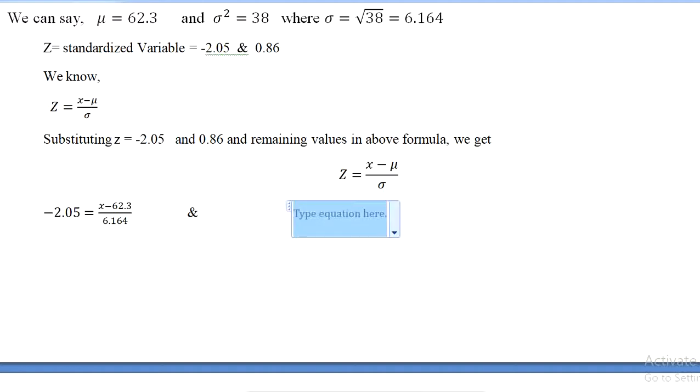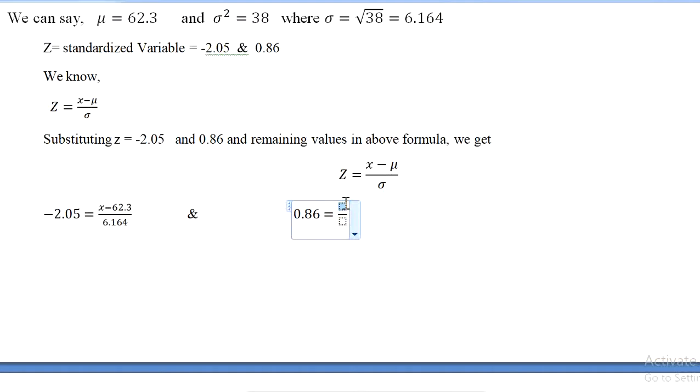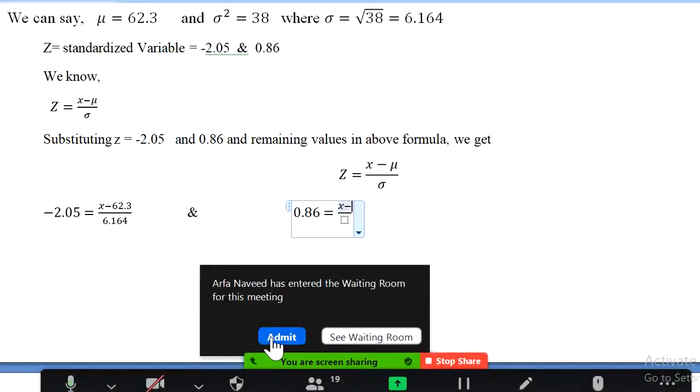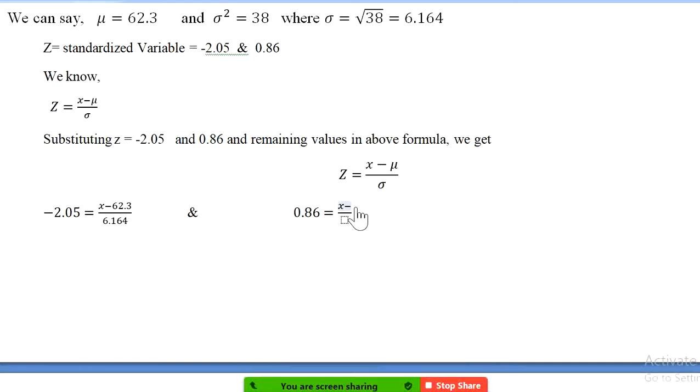For the second value of z, this is 0.86 is equal to x minus mu, where mu is 62.3 and sigma is 6.164.